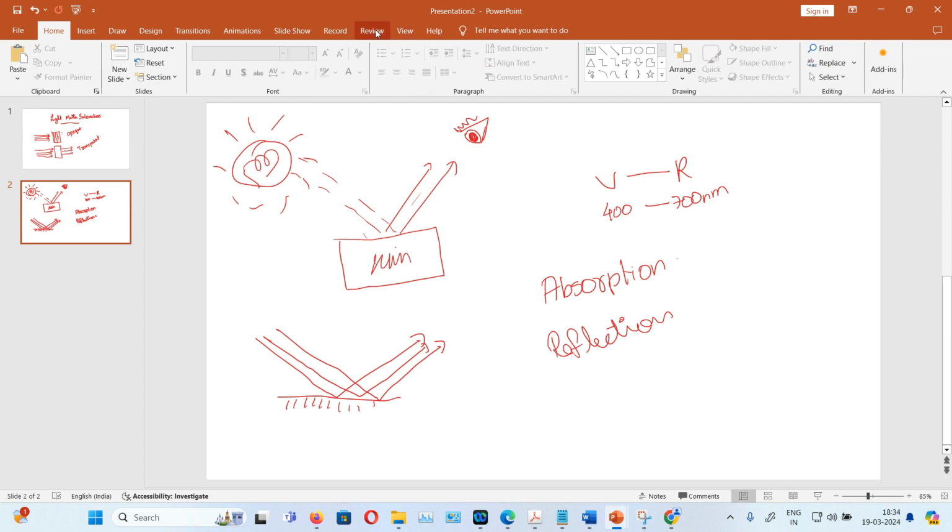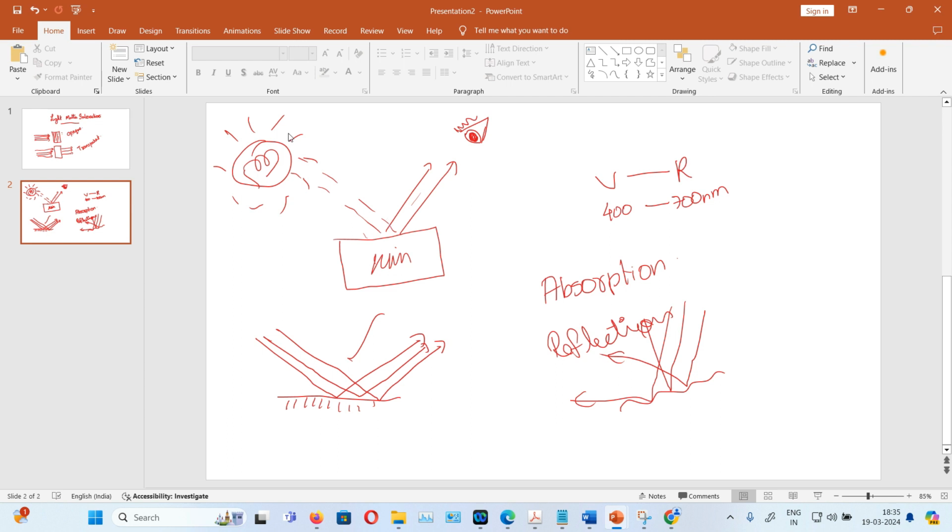This kind of reflection, from an irregular surface, is called diffused reflection, and it cannot make a proper image, while specular reflection can. So we understood the two phenomena: absorption and reflection.